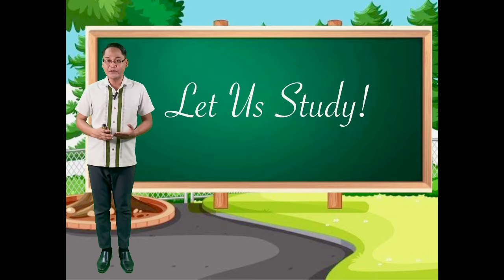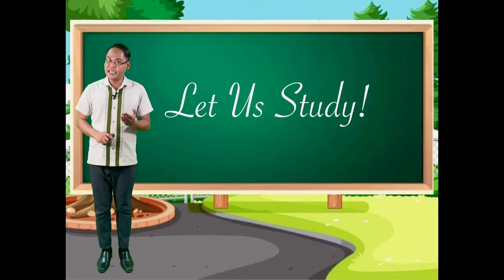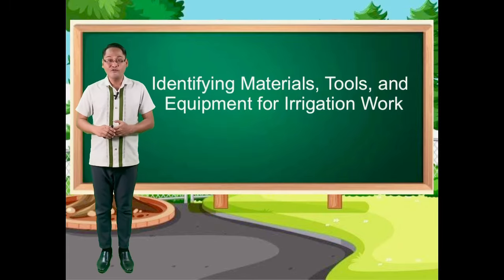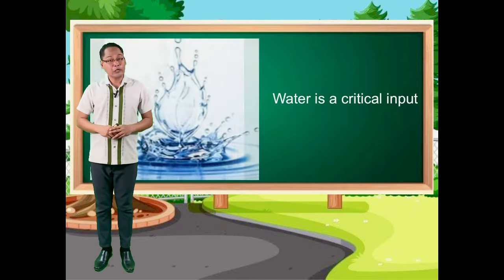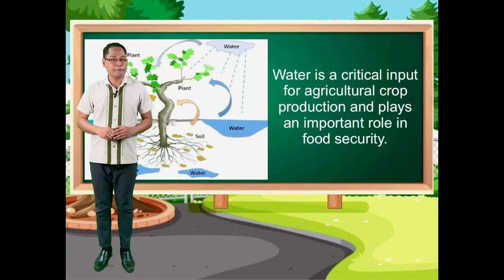next learning activities. This time, let us study identifying materials, tools, and equipment for irrigation work. Water is a critical input for agricultural crops production and plays an important role in food security.